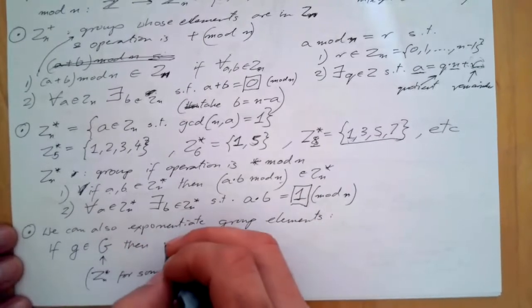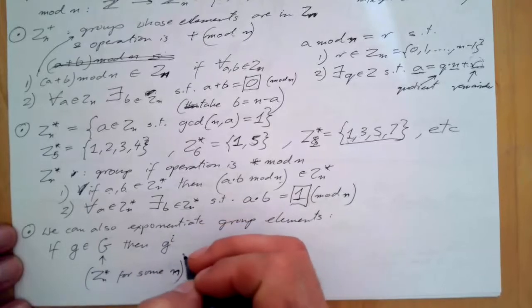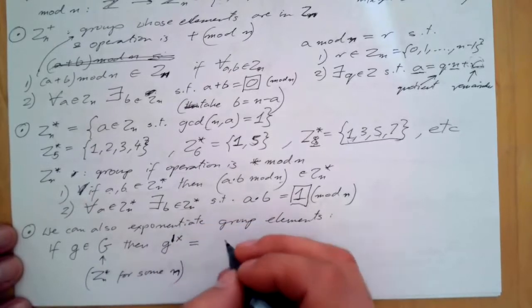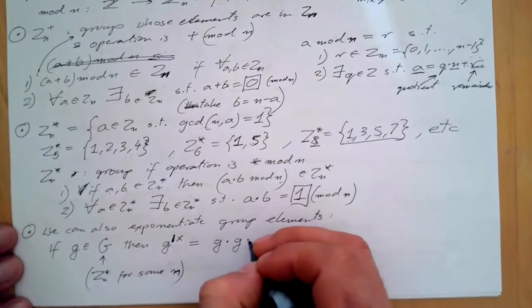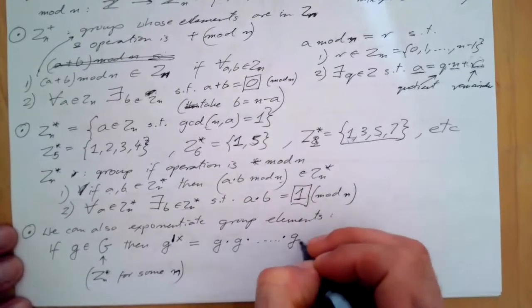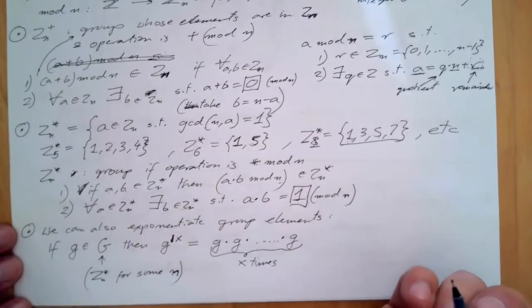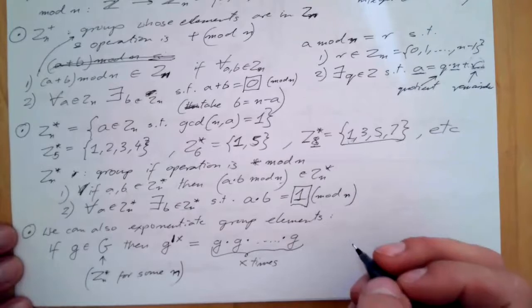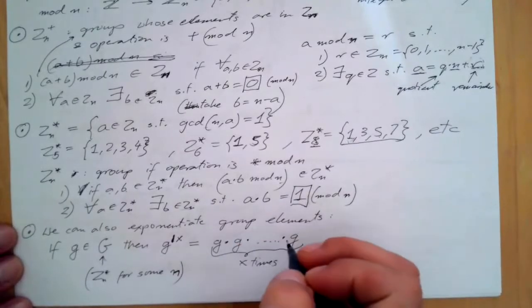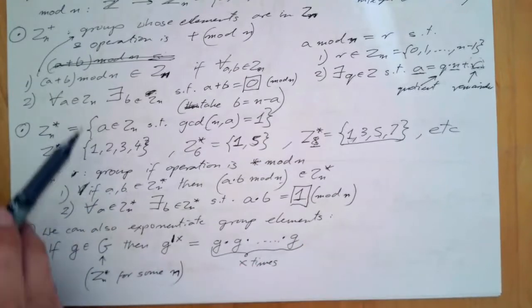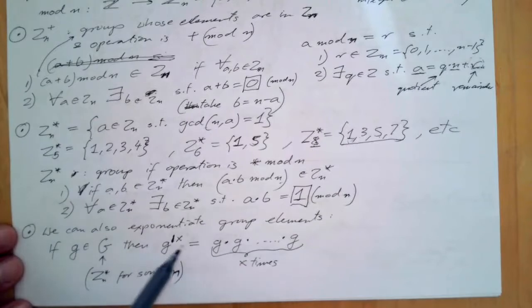Then G to the X is defined as G times G times G, X times, where all of these are group operations. These groups are associative, so it doesn't matter in which order you perform the operations.